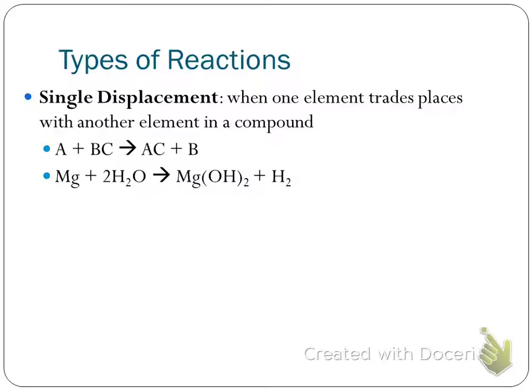Okay, so in this reaction, magnesium plus water yields magnesium hydroxide and hydrogen gas. What's our element that's been displaced or been traded? Yeah, oxygen, but yeah, an OH molecule as a whole. Okay, that one's a little trickier than a simple single displacement, but we see oxygen specifically has been traded, and it brought that H with it. Okay.